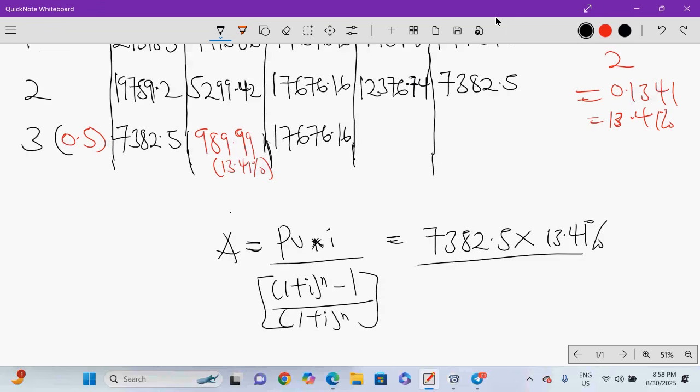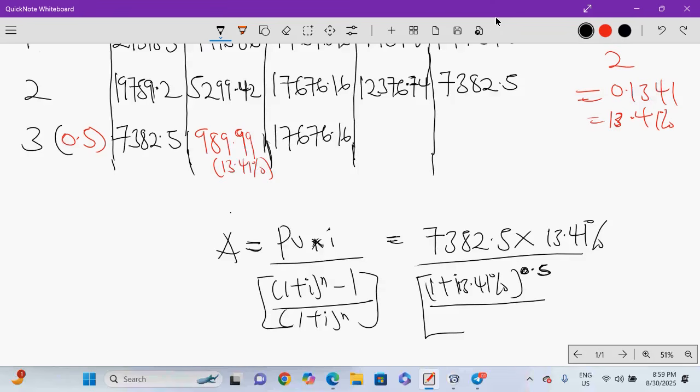The interest rate is 13.41%, all over one. The interest rate is 13.41%. And what would be the number of years? The number of years is half, right? So that would be 0.5.